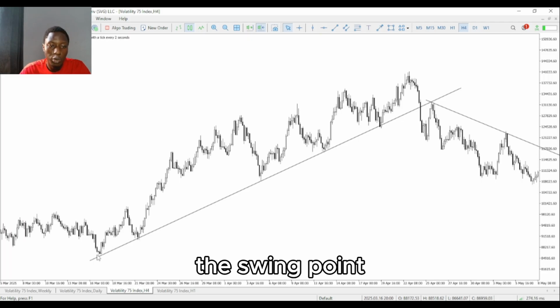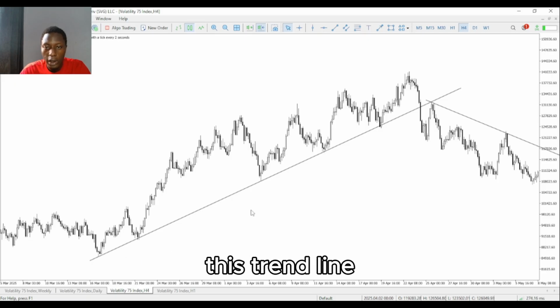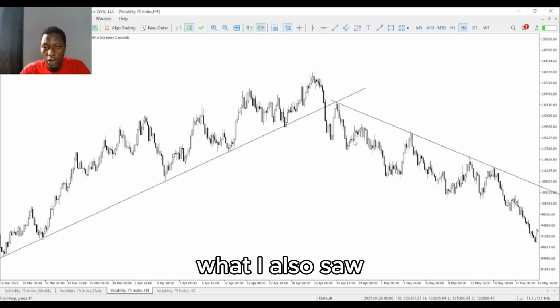You can see the first swing point that I saw and the second swing point that I saw before connecting this trend line to the upside, and that gives us the third touch, the fourth touch, the fifth touch, and the breakout. This is what I also saw here.